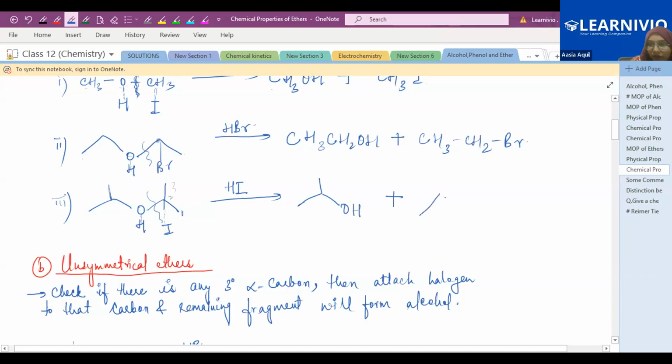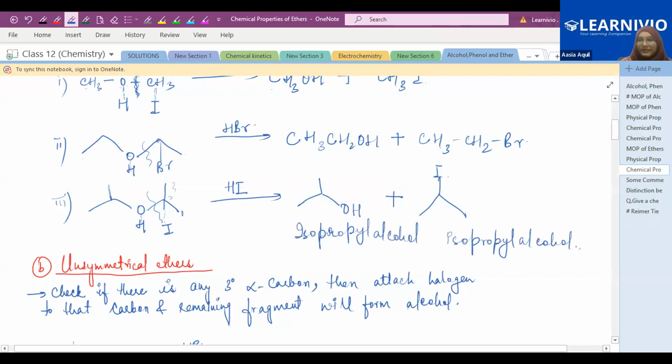So these are the two products: isopropyl alcohol and isopropyl iodide. Clear? So the symmetrical one is clear.